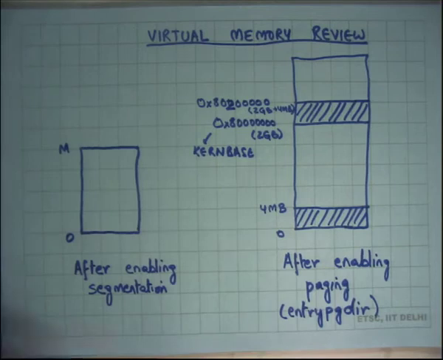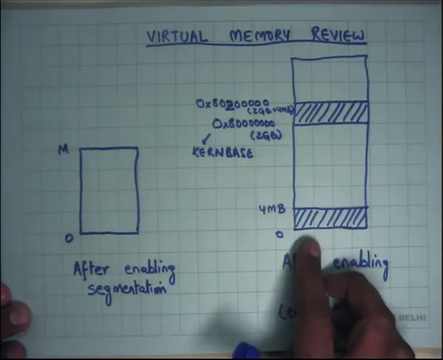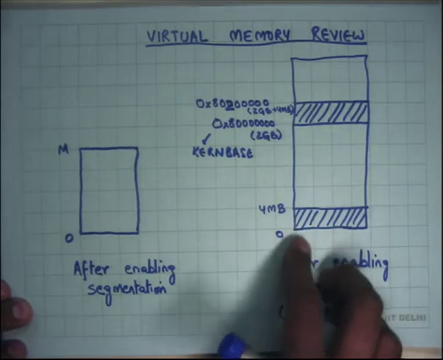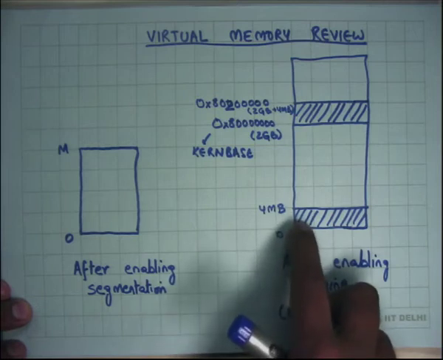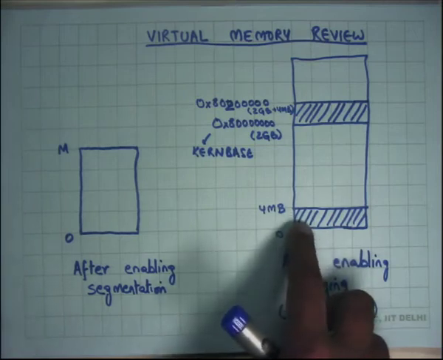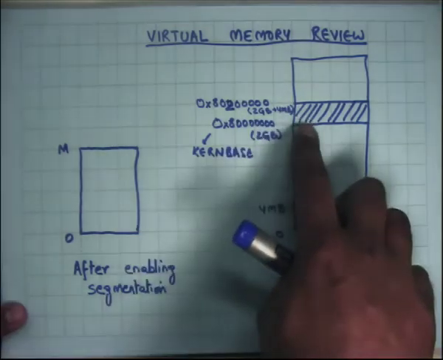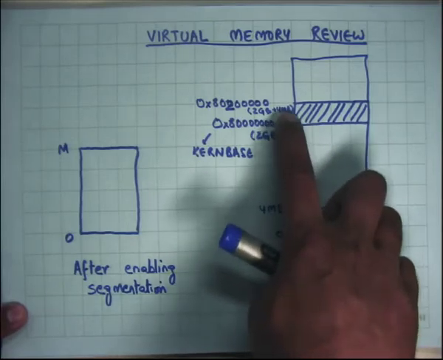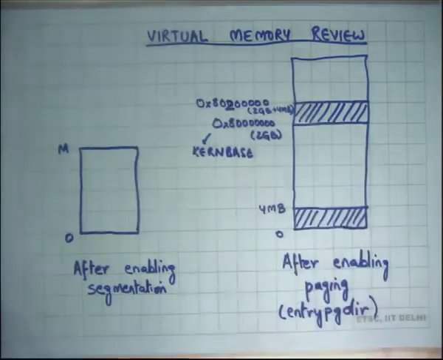And we saw last time that this entry page directory implements an address space where the first 4 MB are mapped identically. So if you access an address X within 0 to 4 MB, you will hit physical memory at address X, right? On the other hand, it also maps the addresses KERNBASE to KERNBASE plus 4 MB to the same location, 0 to 4 MB.